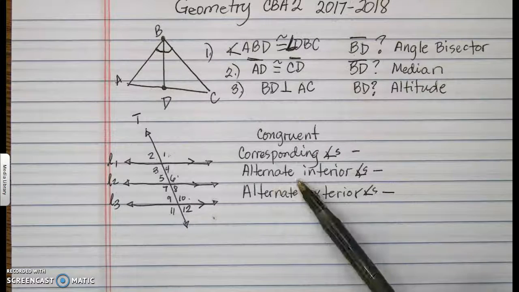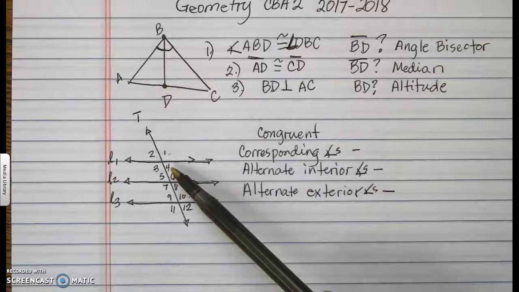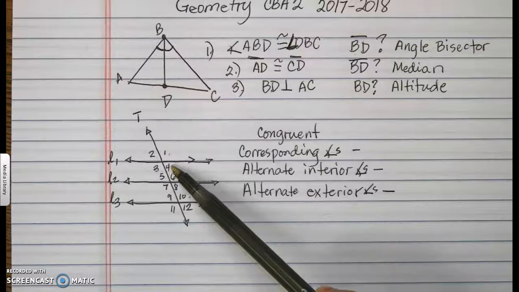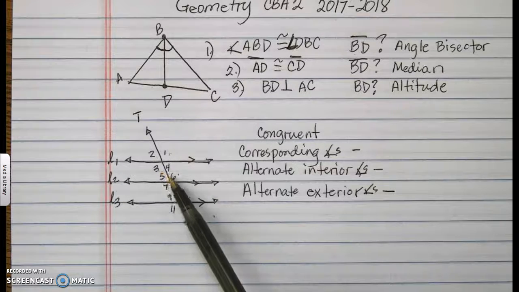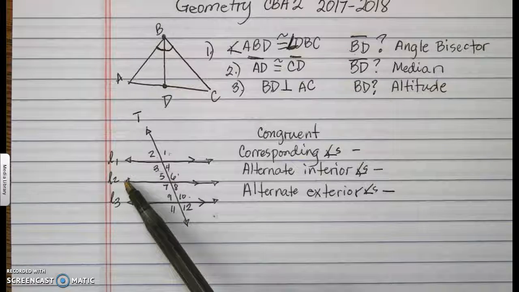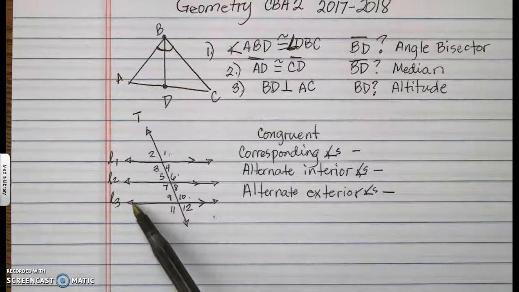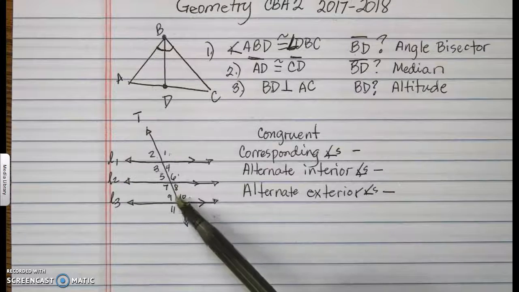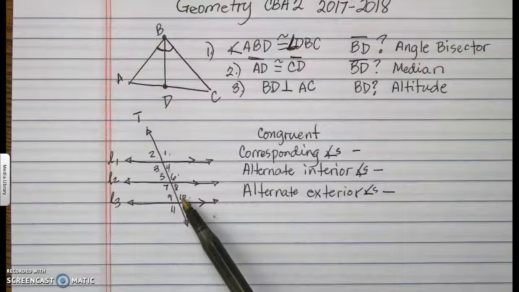Okay, now let's go to alternate interior angles. Alternate interior angles are, this is one pair. This is another pair, 3 and 6. They're all congruent. And that's in between lines 1 and 2. Now let's go to lines 2 and 3. Lines 2 and 3, your alternate interior are 8 and 9, 7 and 10, and 8 and 9 are going to be congruent. 7 and 10 will also be congruent.